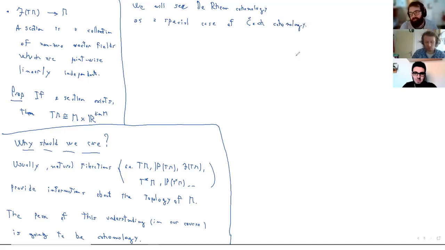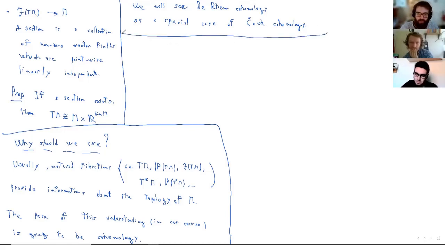And this Čech cohomology is a very abstract way of thinking of cohomologies, which is very powerful. In fact, we will study these Čech cohomologies in general, not just how they relate to de Rham. Okay.